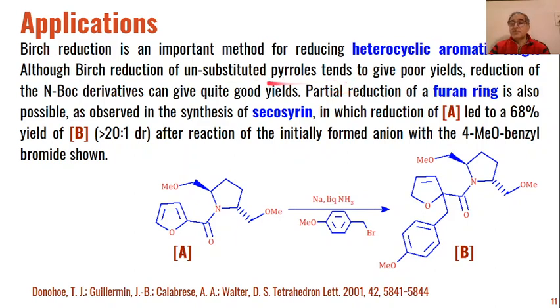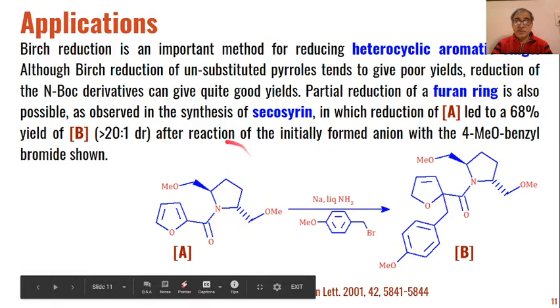So unsubstituted pyrroles, they give good to poor yield depending upon the type of substrate which is used. Whereas if these unsubstituted pyrroles, they are substituted by N-Boc derivatives, then the yields of the reduction products improves drastically. Similarly, the Birch reduction can be extended to furan ring also.